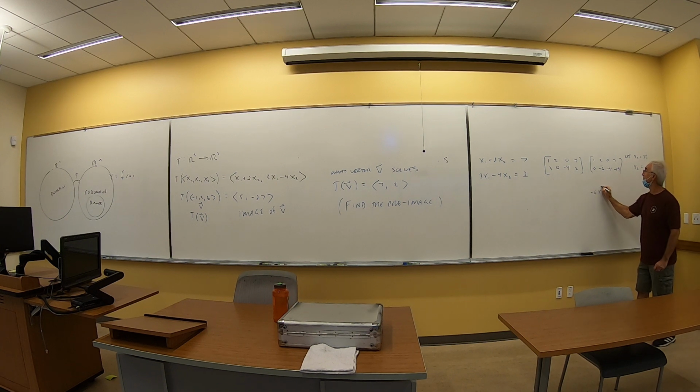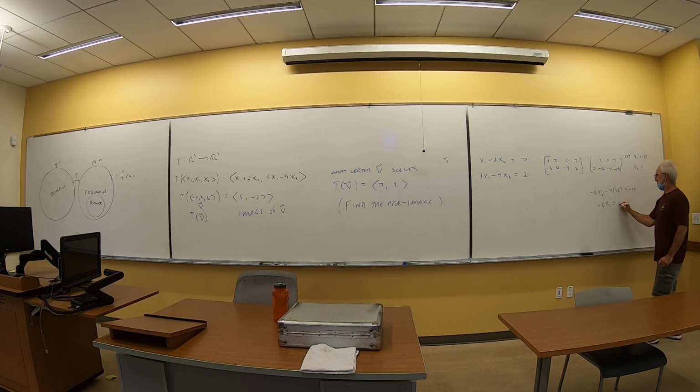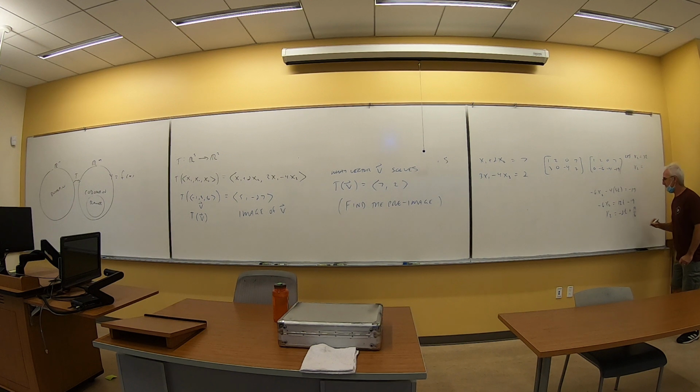Negative 6x2 minus 4 times 3t equals negative 19. Oops, sorry. Negative 6x2 equals 12t minus 19. So x2 equals negative 2t plus 19 over 6. Does that look right? I didn't mess that up. Does that look okay? Yep.